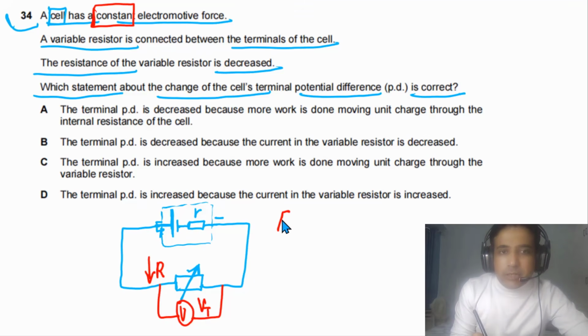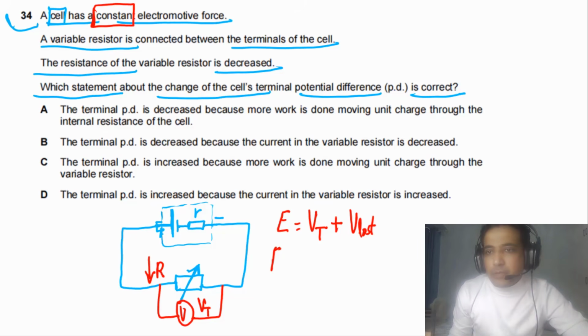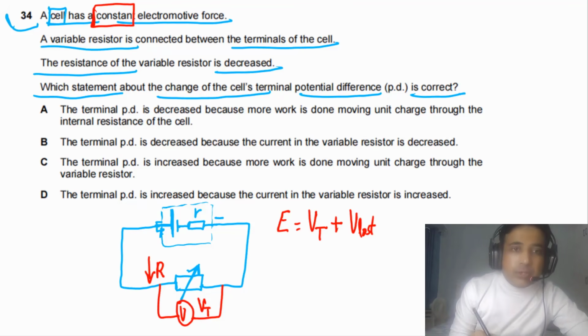So EMF has to be equal to terminal potential difference plus V lost. We can rewrite this and make Vt the subject, because we have to explain the change in Vt, the terminal potential difference. Terminal potential difference is equal to EMF minus V lost.